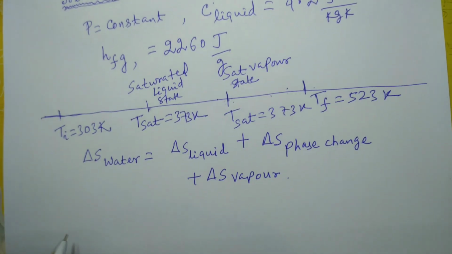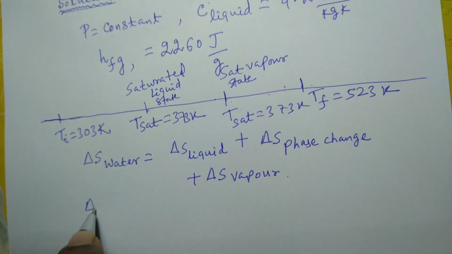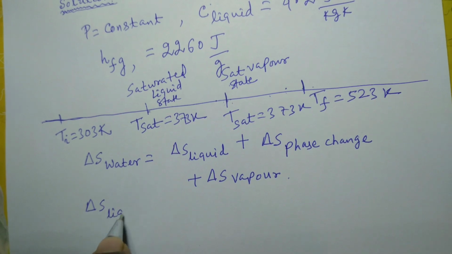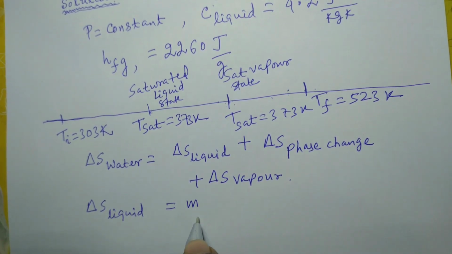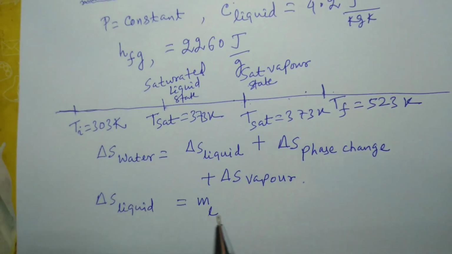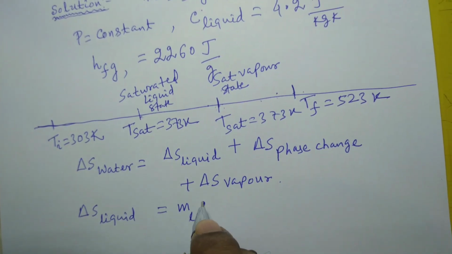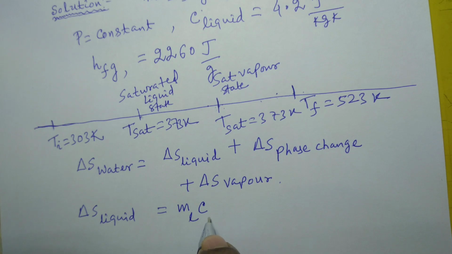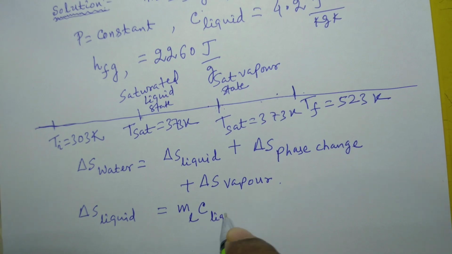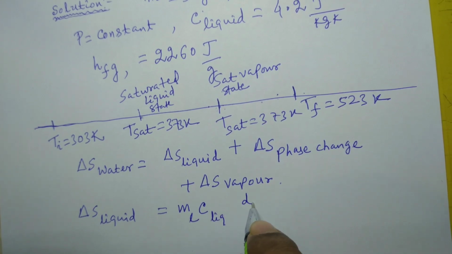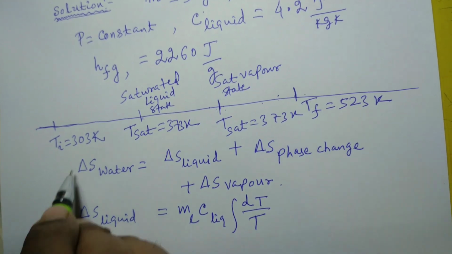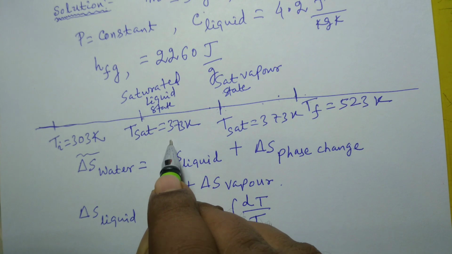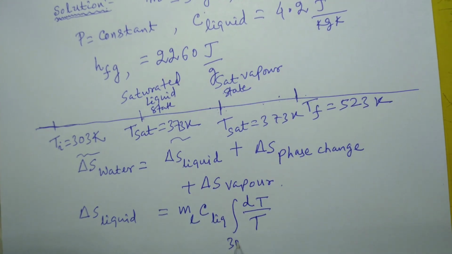So delta S of liquid is m of liquid, that is the 36 gram of water, times specific heat of water in the liquid state, dT upon T. So the integral limit is from 303 as the initial limit to 373 as the final limit.